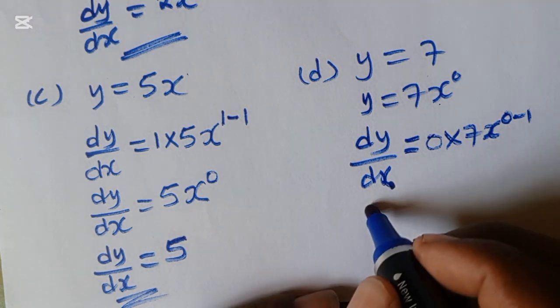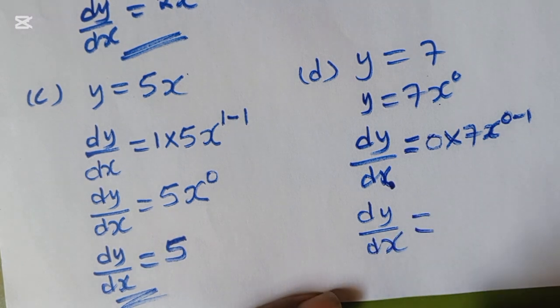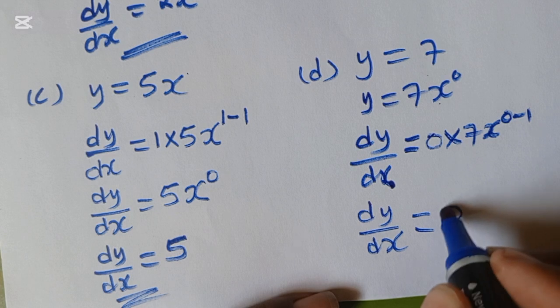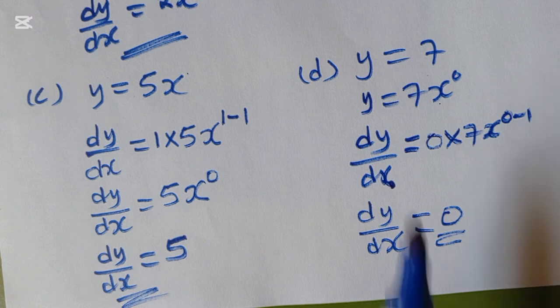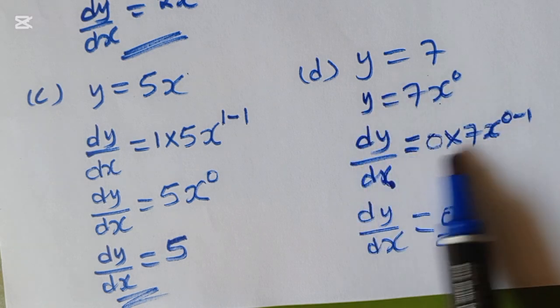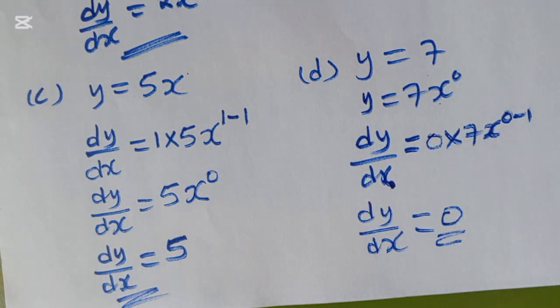So dy/dx is equal to 0. So that is the answer. Remember that differentiating a constant is 0. Okay, so we were just proving that differentiating a constant is 0.